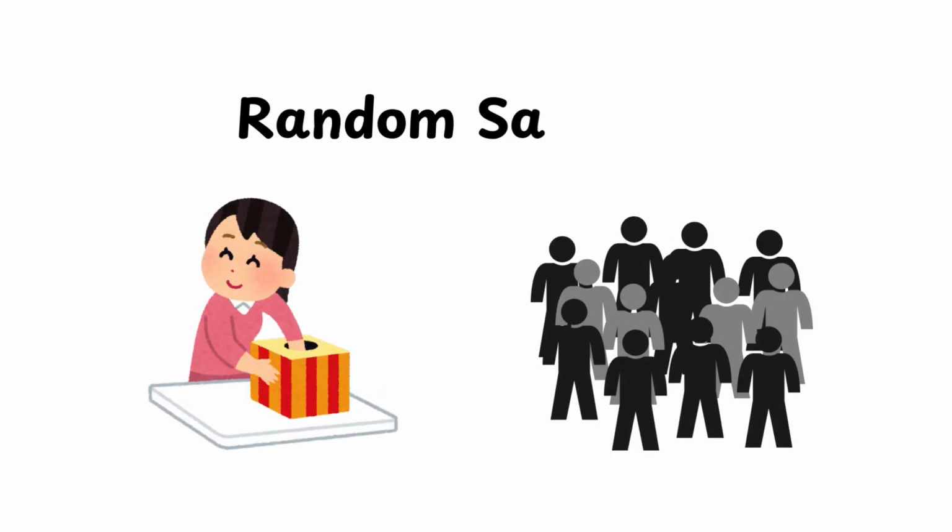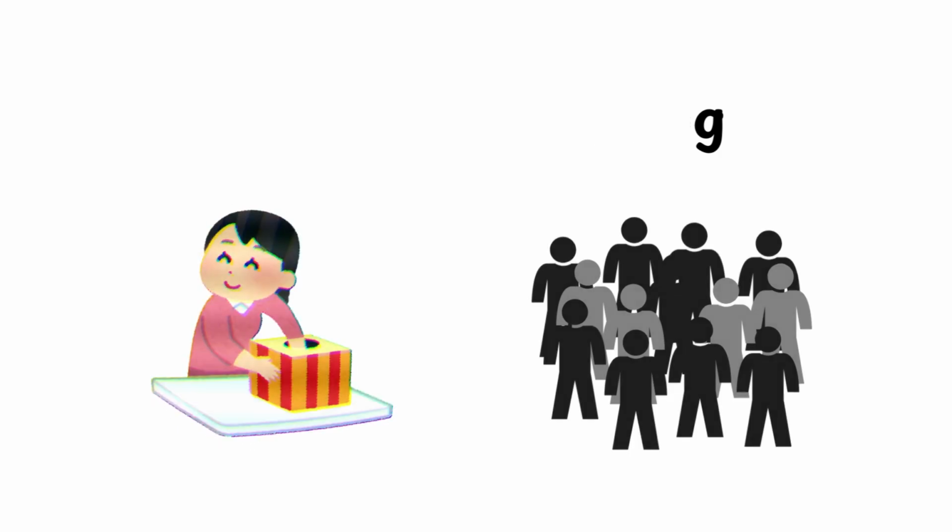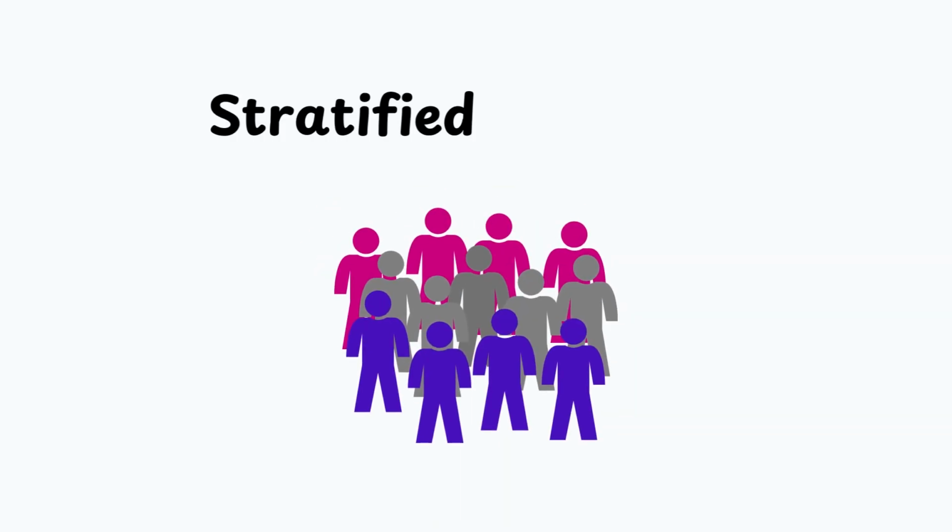Let's look at some common methods. First, random sampling. Every individual has an equal chance of being chosen, like picking names out of a hat. It reduces bias. Second, stratified sampling. Divide the population into groups like male or female or income levels. Then take a sample from each group.